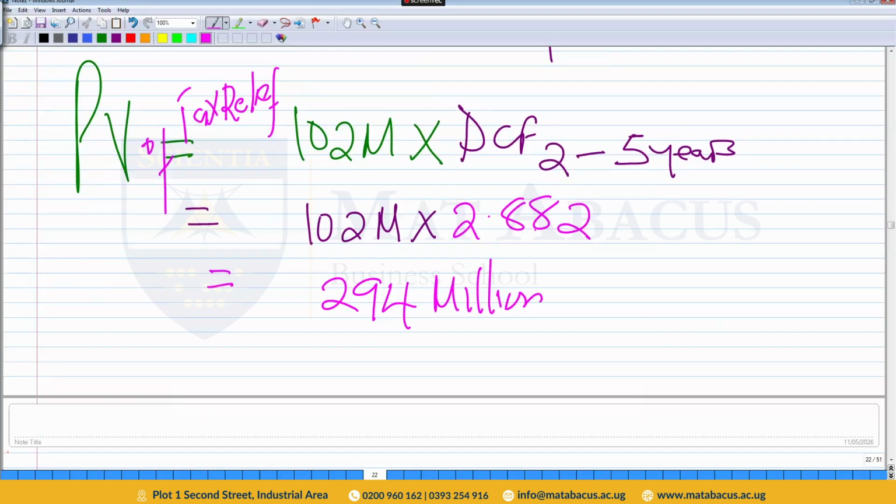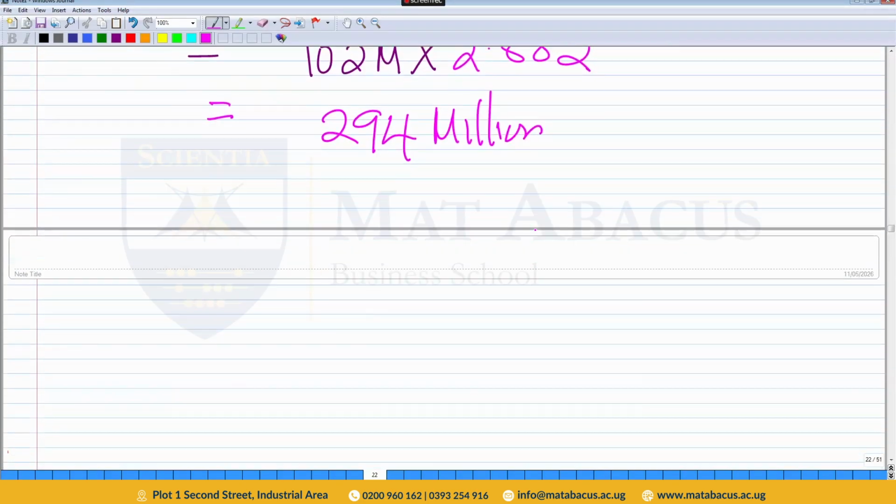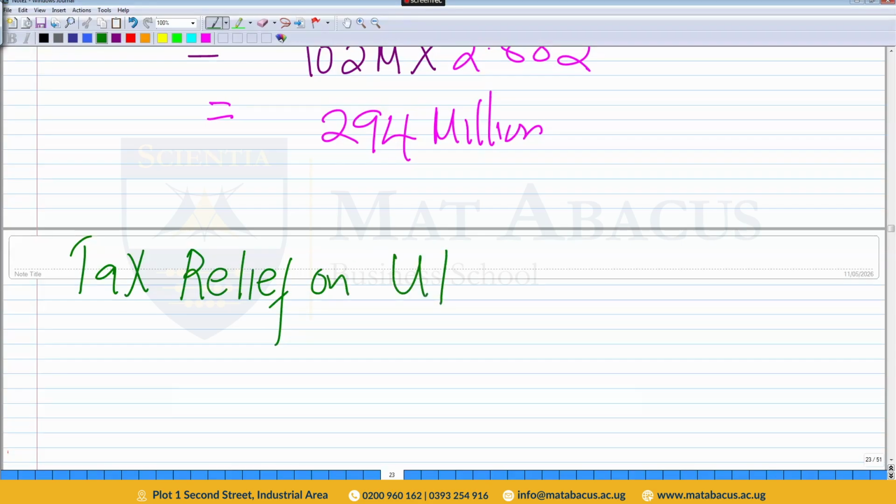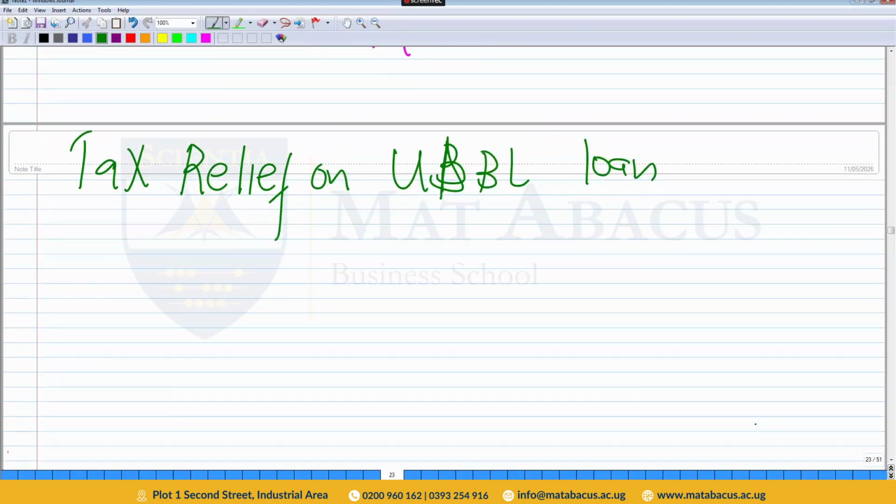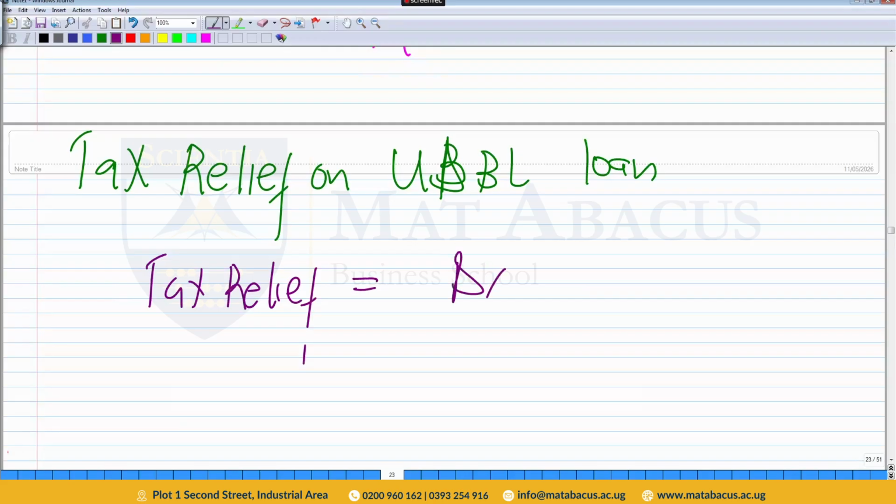But there was also a subsidized loan. You also do it. Tax relief on UDBL loan. Still use DTBL. That tax relief is going to be DTR. This is applicable if straight line.